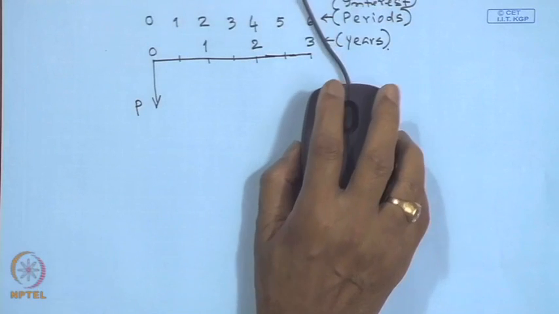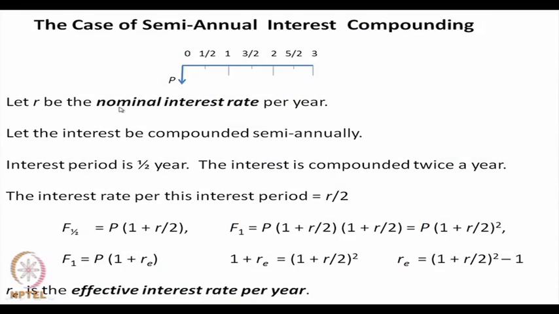Now, we define, suppose that the interest rate is defined for a full year, we call that the nominal interest rate, that is not the actual interest rate.